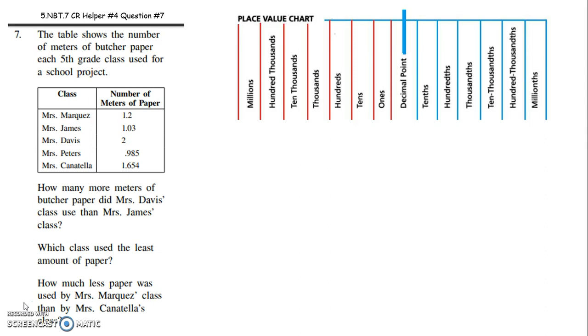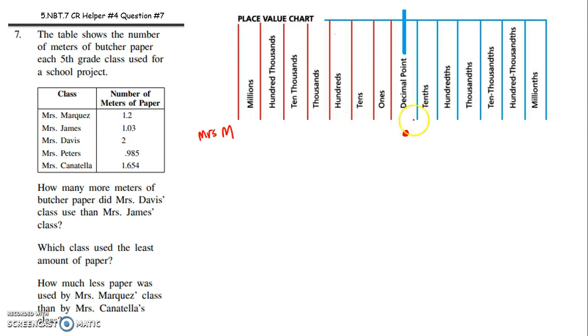All right, you're going to notice I put a place value chart here because a lot of times when we work with decimals, it's just helpful to have a place value chart in front of us. We can always write our own place value chart in, but with decimals, it's really important that we know that 1.2 means 1 and 2/10. So I'm just going to write the numbers in for right now.